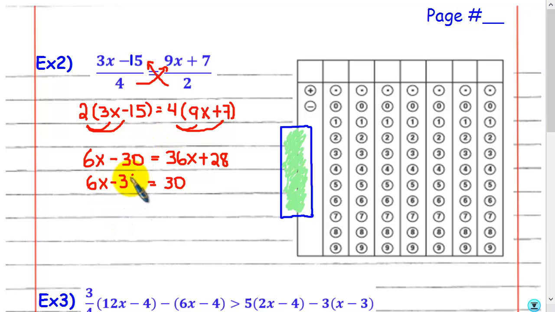So here I'm rearranging the numbers with x on the left, numbers without x on the right. 28 does not have an x, so we bring it down. And now 6x minus 36x is negative 30x. And then 30 plus 28 is 58.